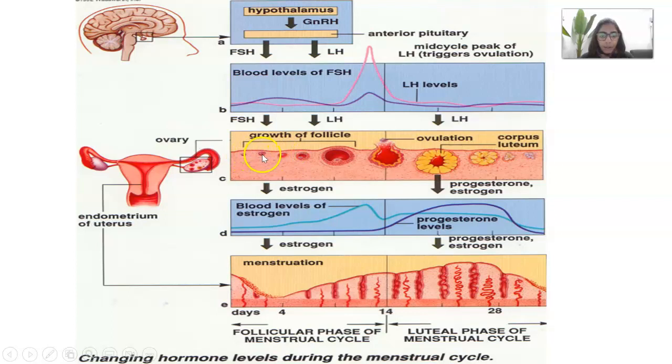So as the follicle grows, the oocyte starts to mature. Now again, as the follicle grows, the number of follicular cells increases, and those follicular cells secrete estrogen, which you can see in that blue line here. So you can see that the concentration of estrogen goes up, and as a result of estrogen going up, the endometrial lining continues to proliferate and repair.